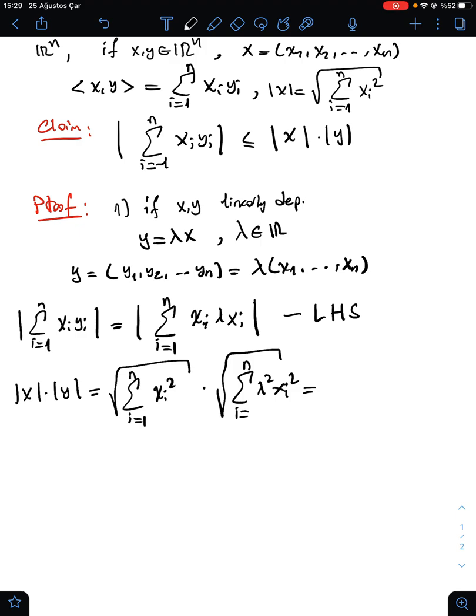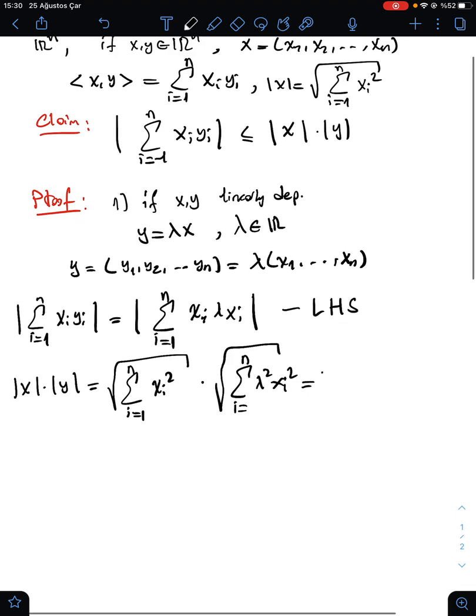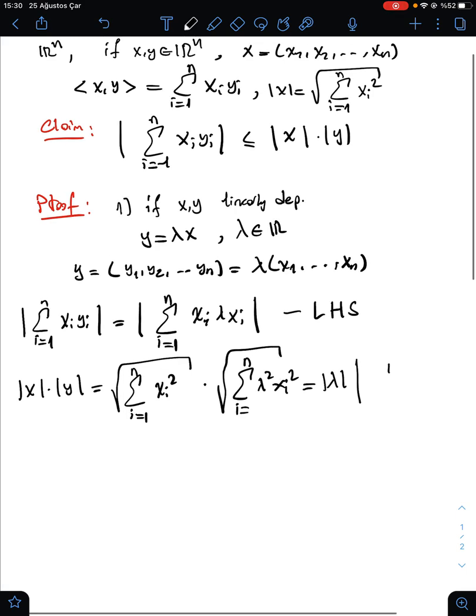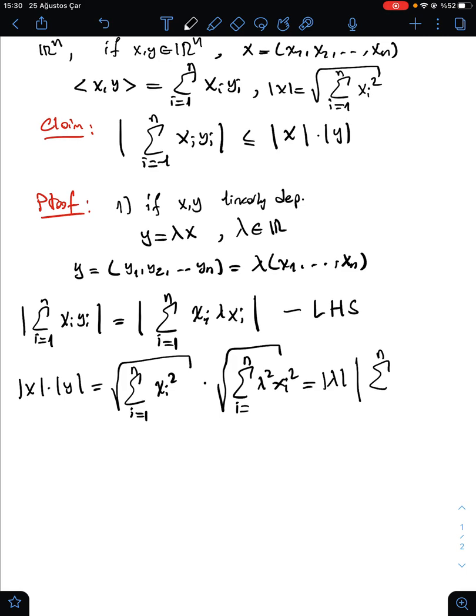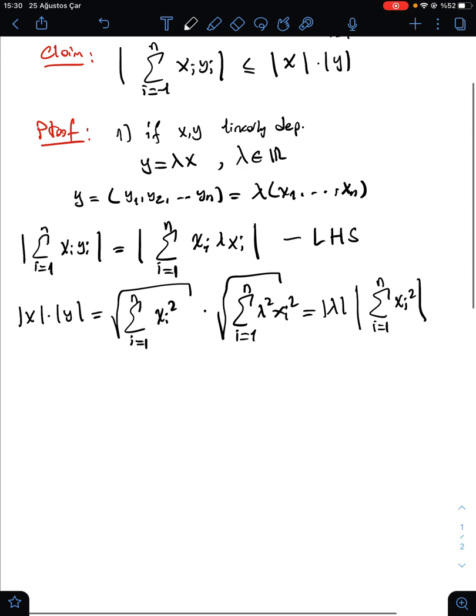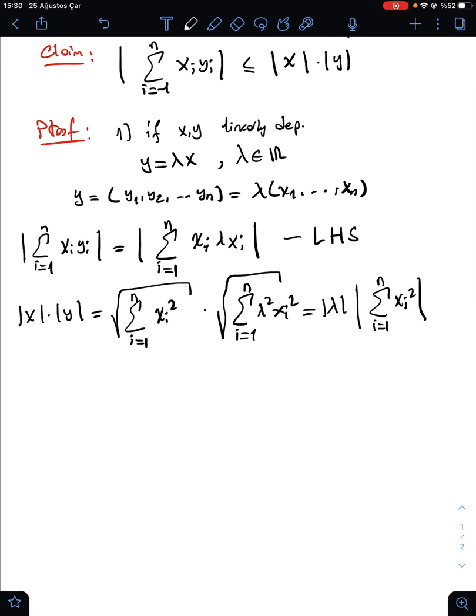Just take out lambda, and we have the square root of the sum of the indexes squared itself. So we have lambda and the sum of this. You remember that this is just a real number, so we take its absolute value because it should be positive. So the sum from i equals 1 of xi squared. You see that if you take this lambda out, you get the same equation. So we are done in the first case.